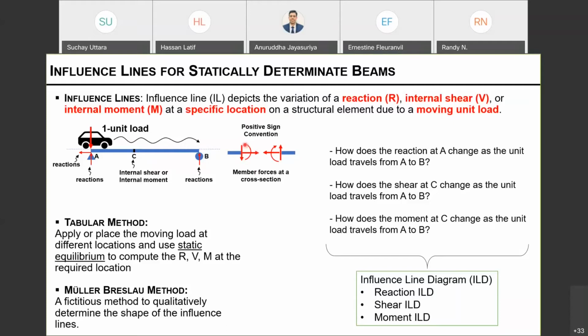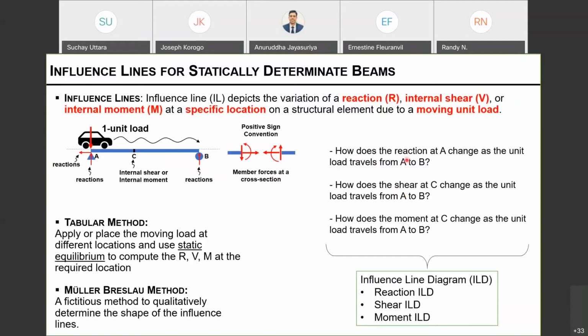Counterclockwise moments are positive. And everything is reversed on the right-hand side of the cut. Upward shear is positive. Clockwise moment is positive. And the axial load to the left is positive. So the positive sign convention will be carried over in this lecture as well.